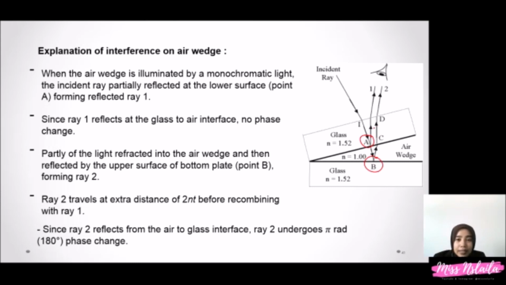When we look at the distance traveled by ray 1 and ray 2, we can see that ray 2 travels an extra distance, a path difference equal to 2t, before recombining with ray 1. So here ray 1 and ray 2 will interfere and you can see with your eyes a series of bright and dark fringes.